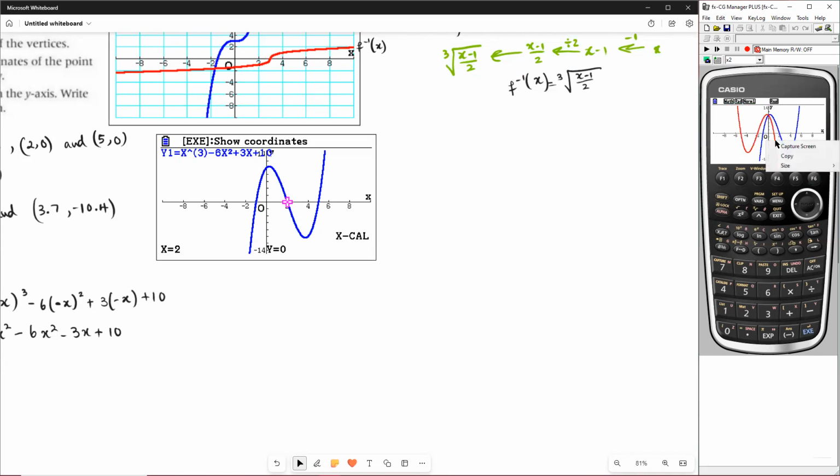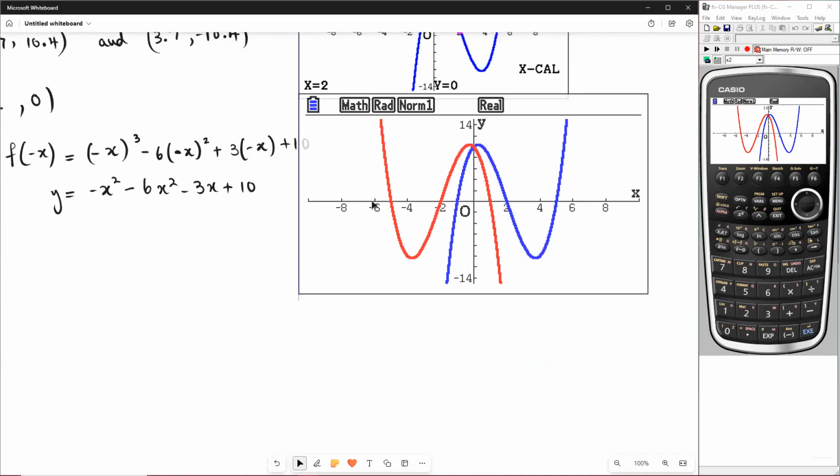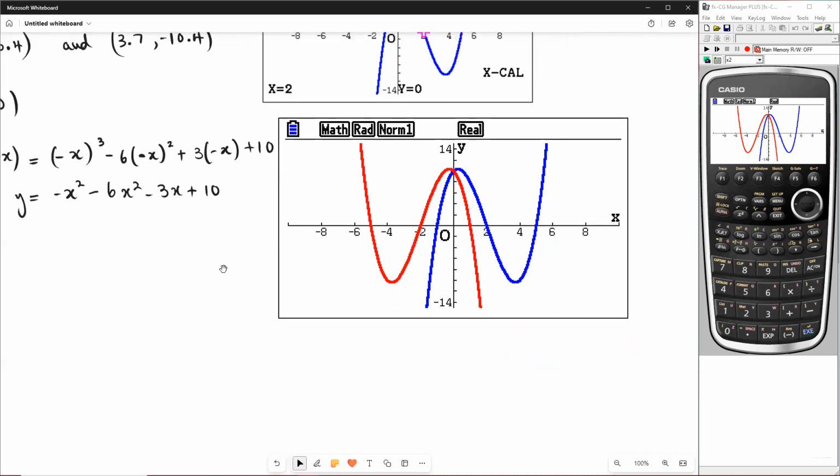And you can clearly see that it's reflected in the y-axis, right? Because it looks like itself, but reflected, like it's facing itself, and the mirror in between them is the y-axis. And you can see that that's also where they intersect, right?